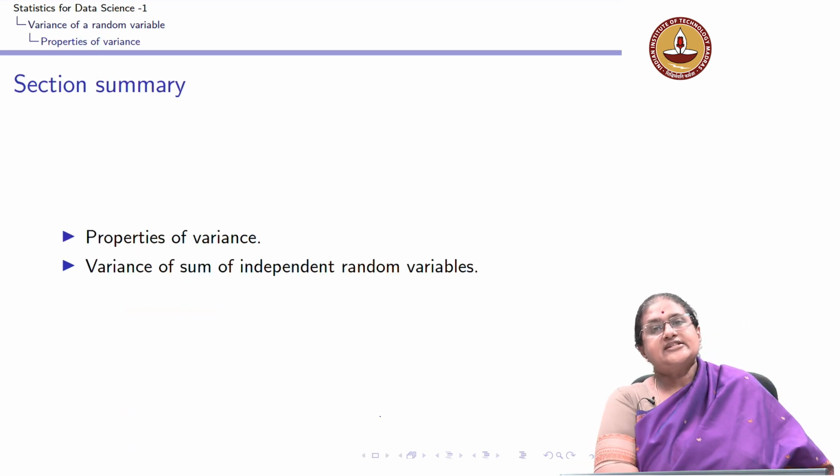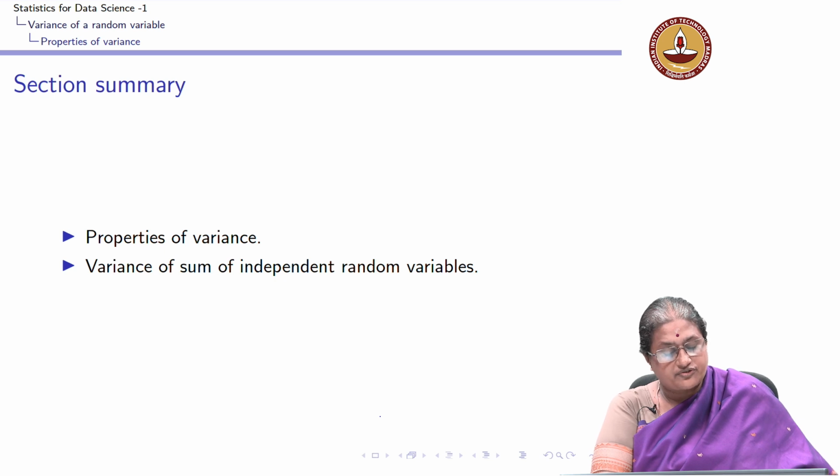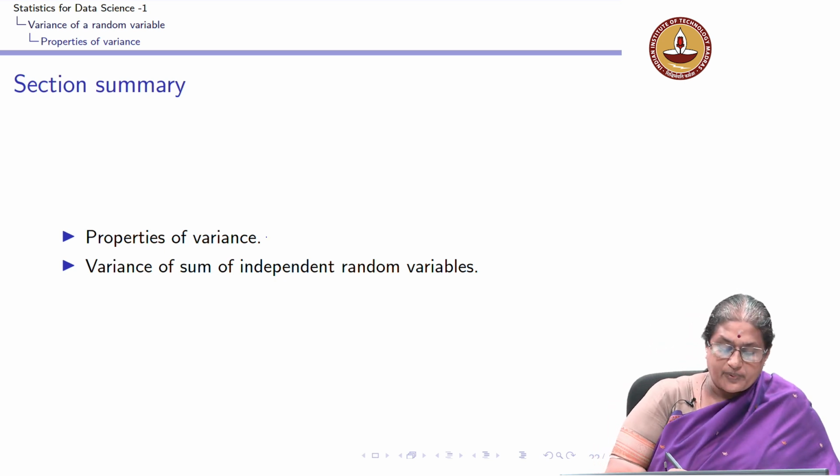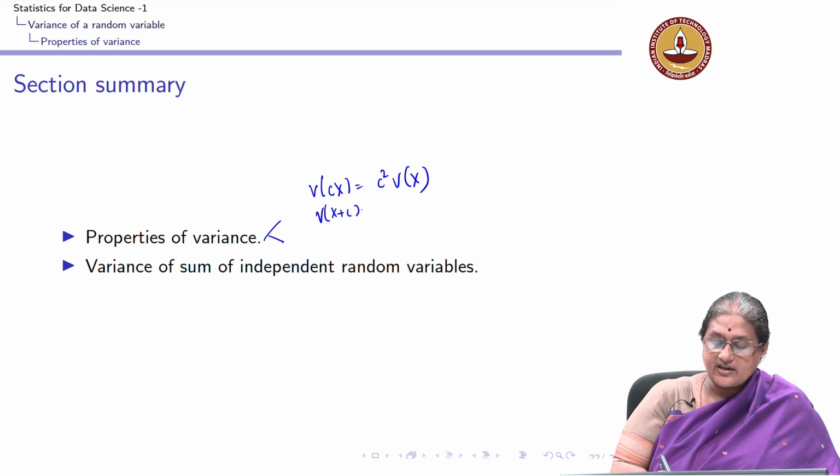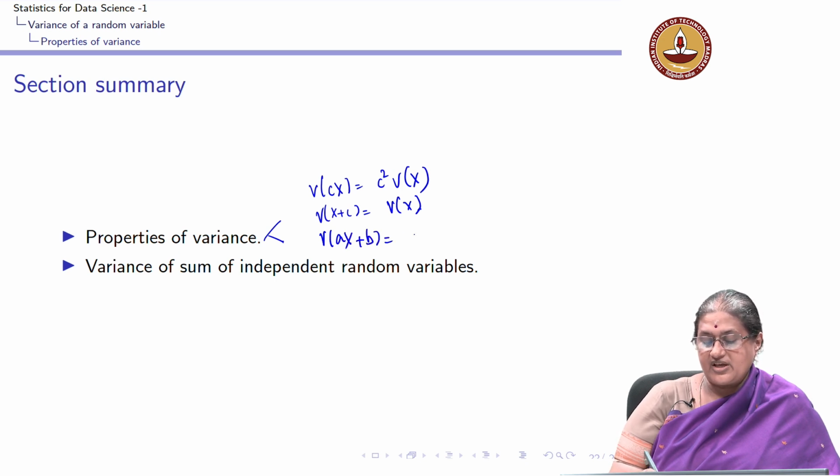Okay. So, in summary, what we have seen so far is the main properties of the variance, namely the variance of a constant times x is c square variance of x. Adding a constant leaves the variance of x unchanged, which can be generalized to the variance of ax plus b is a square variance of x.